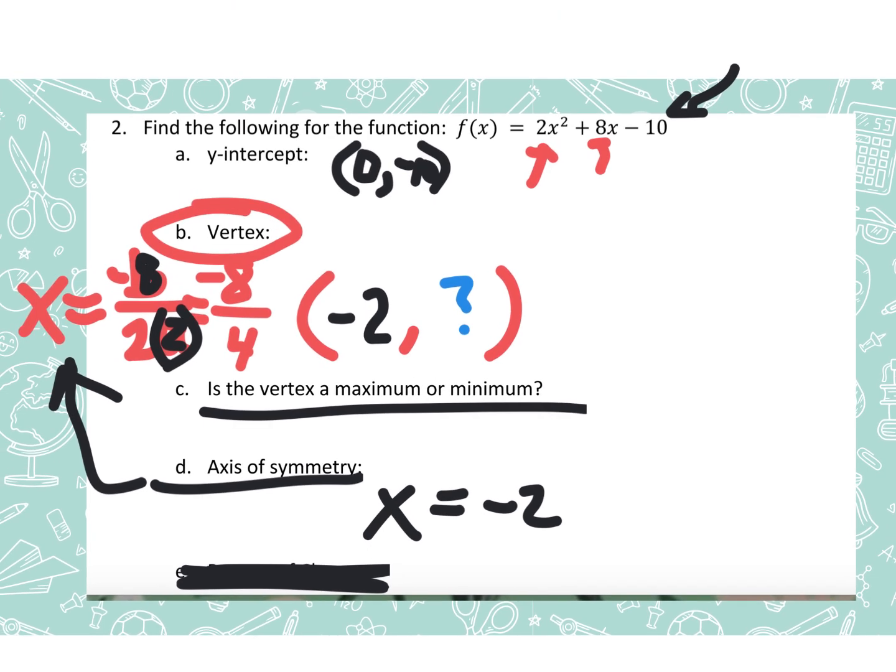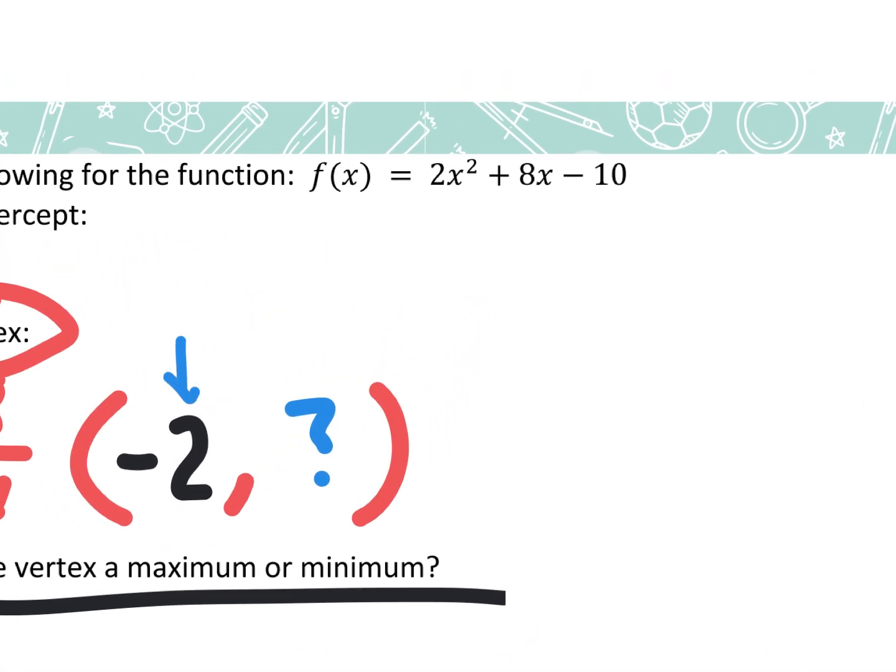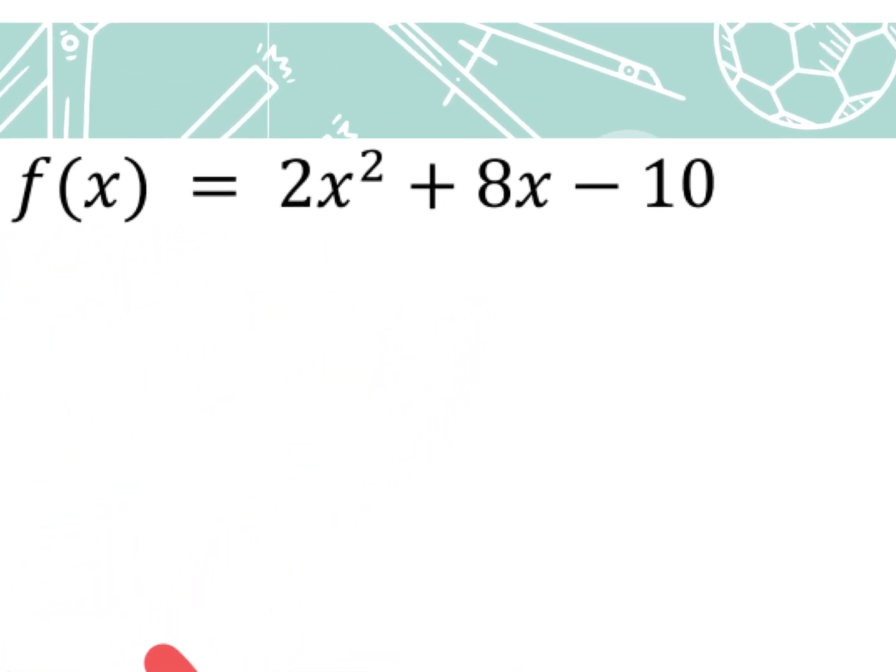So, Josh Lipnick, do you know what to do to get the blue question mark? Okay. Bennett, do you know what to do to get the blue question mark? Plug in negative 2 for the x. Yes, the negative 2 is x, right? So you put negative 2 right here.